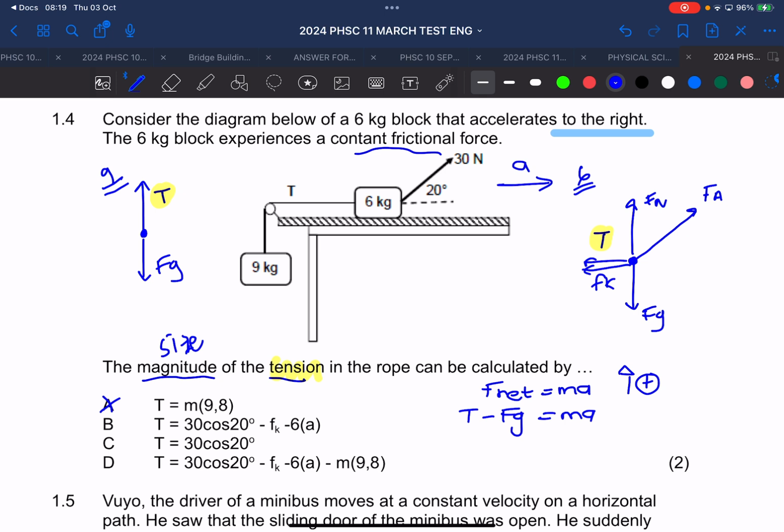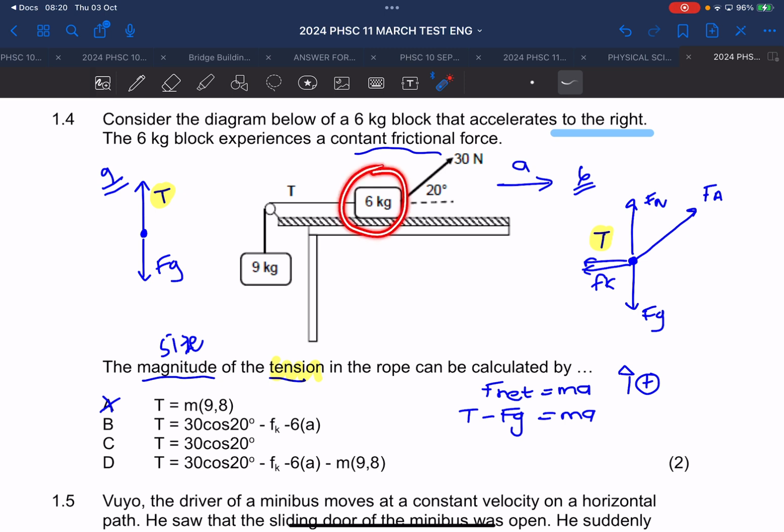Okay, so let's see. You see here they speak about 30 cos 20. Where do they find that? At which block, the 9 kilogram or the 6 kilogram block?